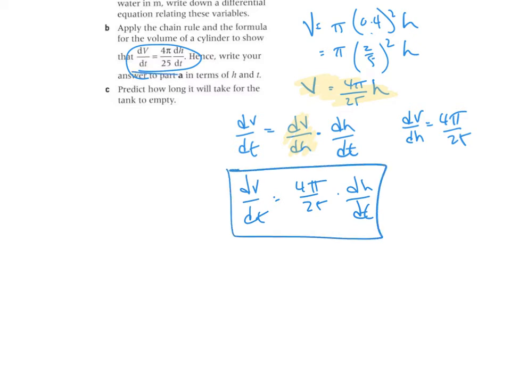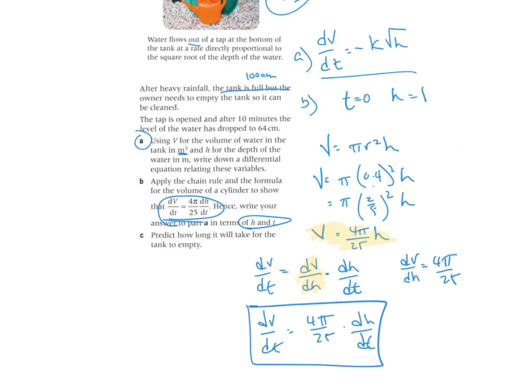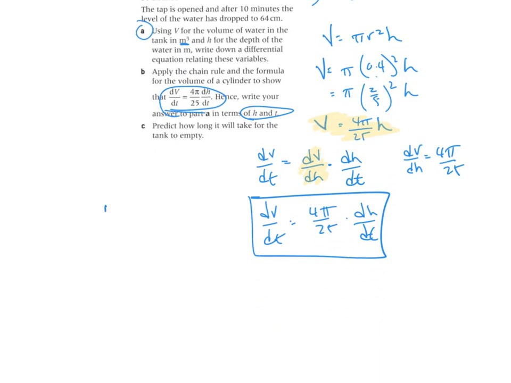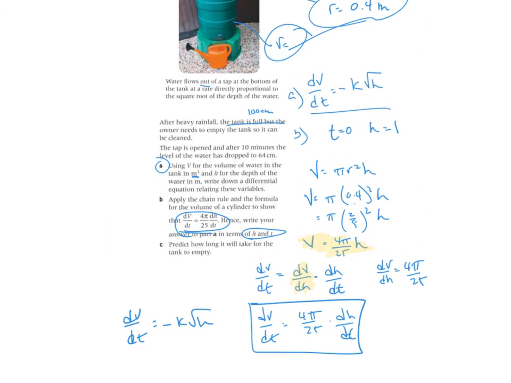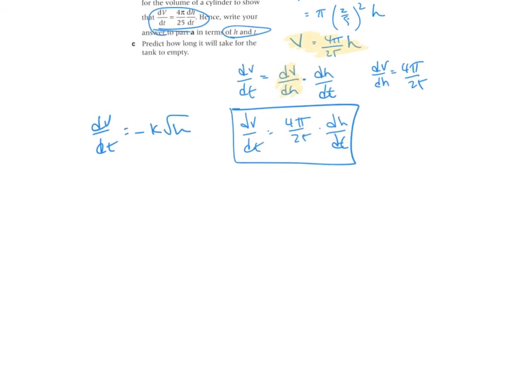Then it says, hence write an equation in terms of h and t. Well, recall from part A that dV/dt is also equal to negative k square root h.